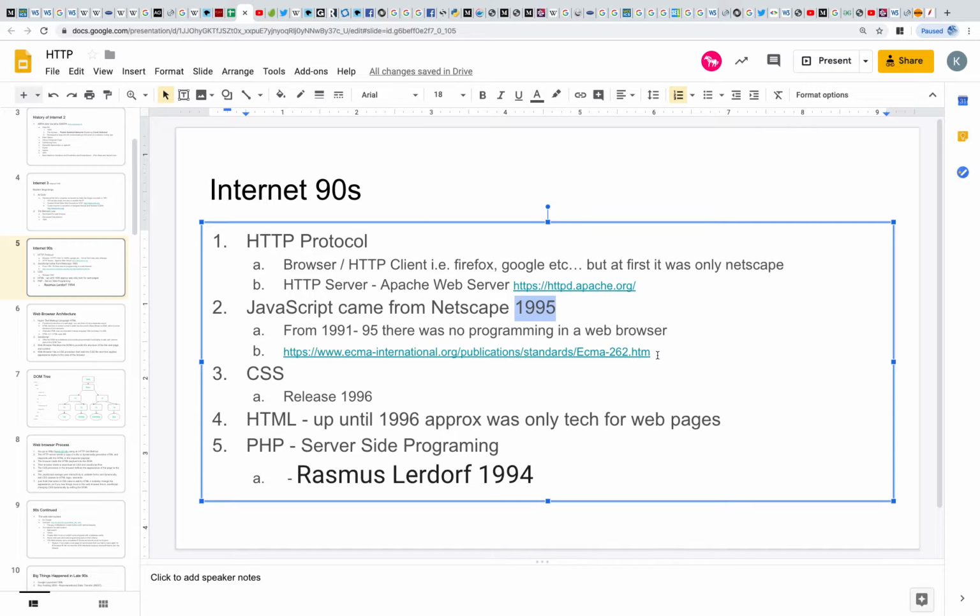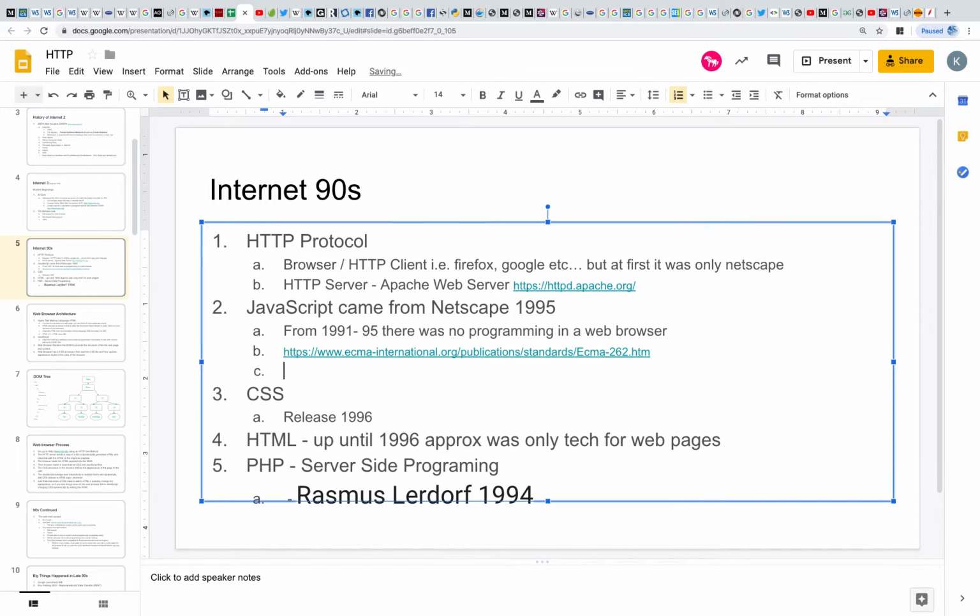The thing to know about this is that AOL bought Netscape and had to give away JavaScript to ECMA to maintain as an open standard.